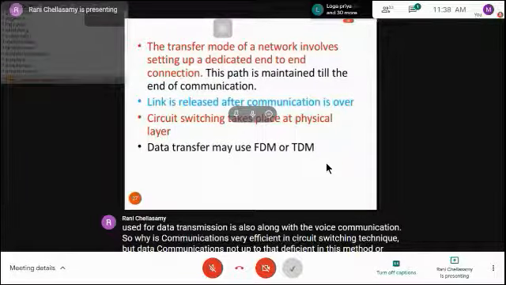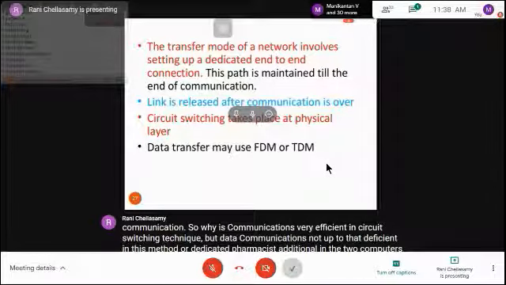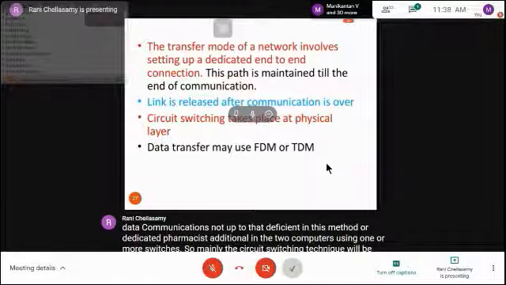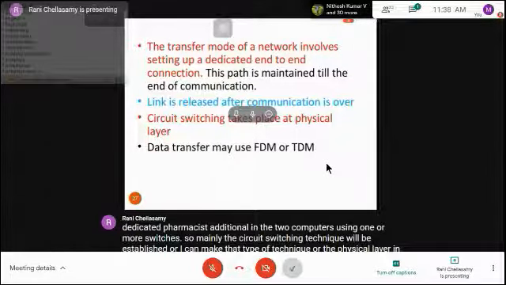Mainly, the circuit switching technique is established at the physical layer in the TCP/IP model, and the data transfer may use frequency division multiplexing or time division multiplexing.